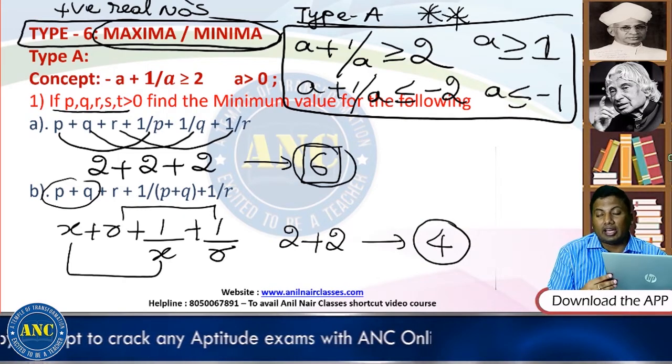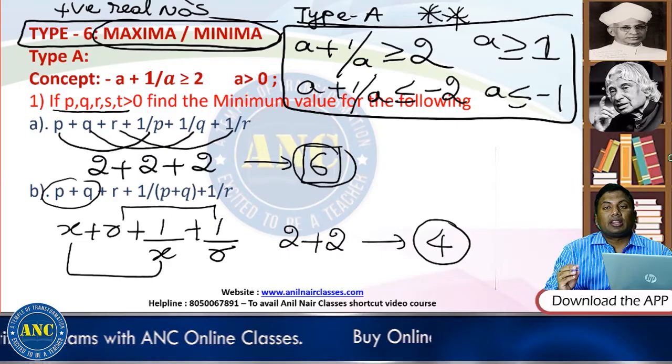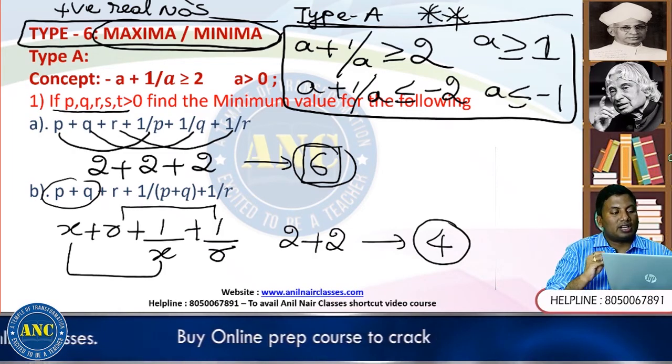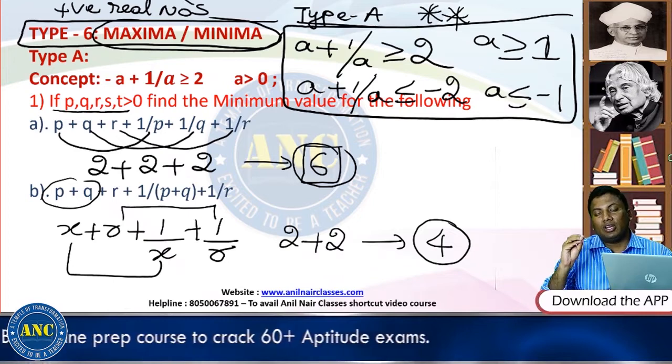Type A in type 6. All the concepts are written at the top so that you will come to know which model I am using. All the problems in type A are: variable and its reciprocal, minimum value is 2.